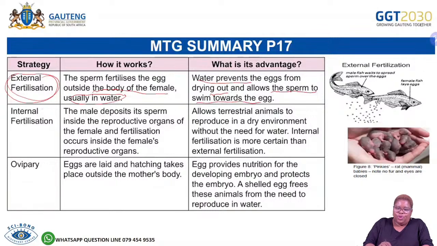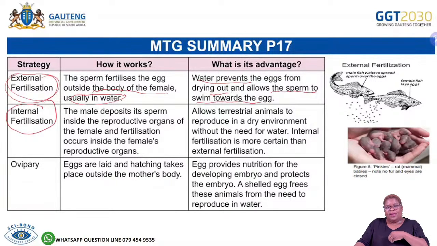Now going to internal fertilization, comparing internal fertilization to external. Now with internal fertilization, it takes place within the body of a female. That's where we need organs, that is reproductive organs.